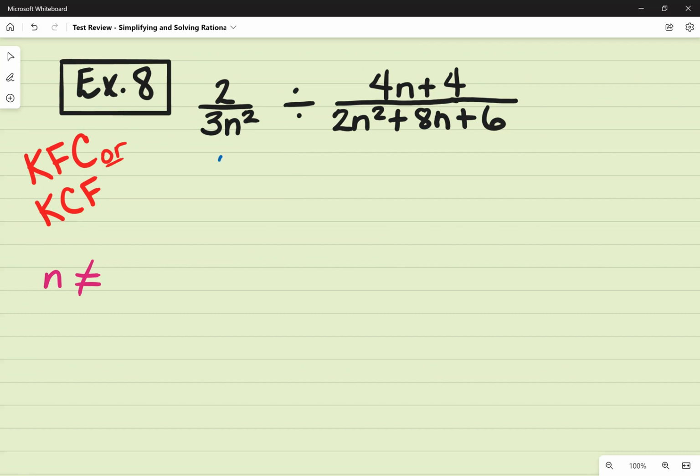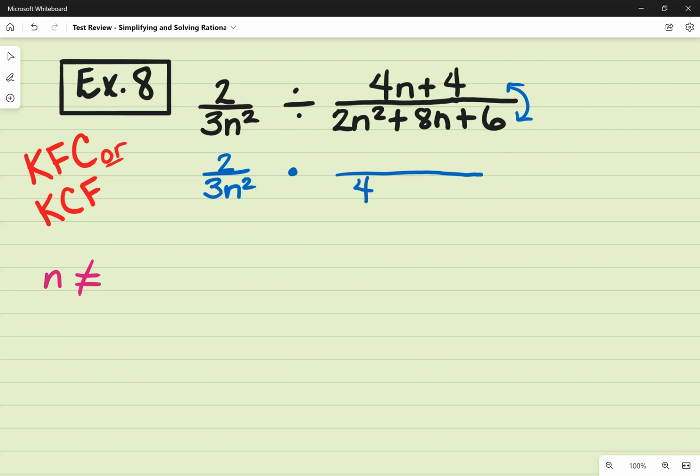Keep meaning keep your first fraction exactly as it is. Change means change your division sign to a multiplication sign. Flip means take the reciprocal, and you're going to move the numerator and the denominator. So for the sake of just doing multiple steps at one time, when I flip it, this 4n plus 4 is going to go to the bottom, and I'm just going to go ahead and put it in factor form.